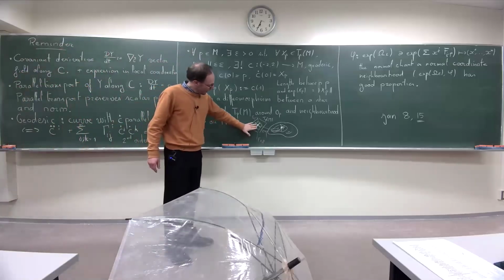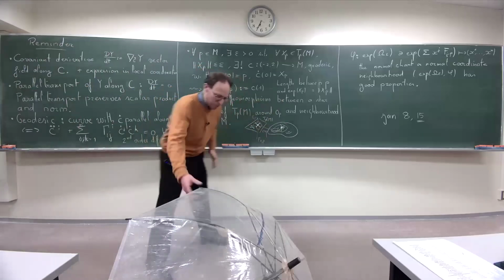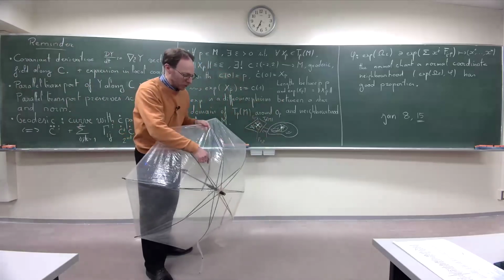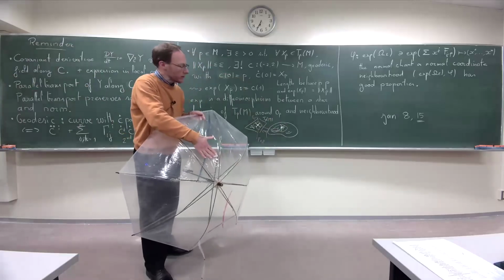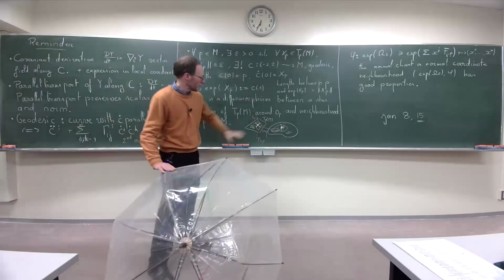Usually we have the manifold and take a point, and you represent the tangent plane exactly on the surface, but it would be too messy, so I move it.